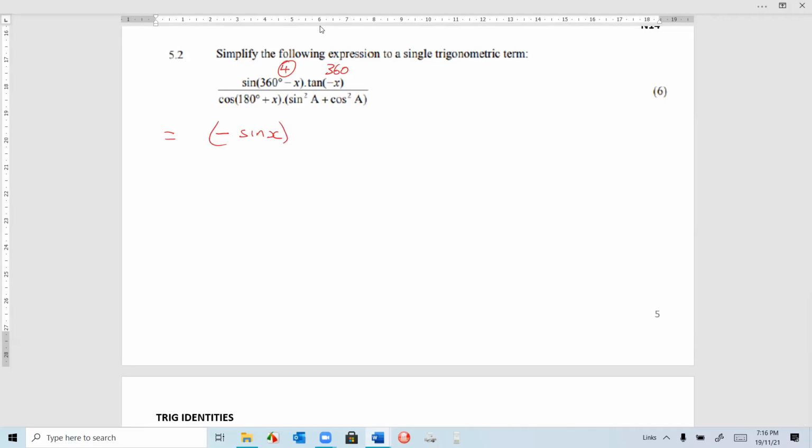And in the fourth quadrant, tan is negative. Going on the other side, 180 plus x, third quadrant. In the third quadrant, cos is also negative. Now we've got sine squared a plus cos squared a, and that's a simple formula, which means that is actually 1.